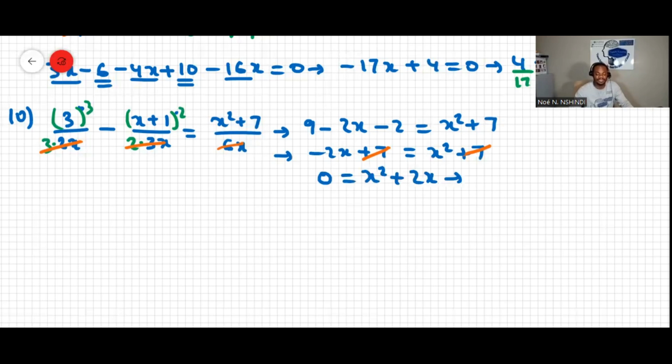There we can factorize. It's x times x plus 2 equals 0. This means that x equals 0 or x equals negative 2. Either x is 0 or x plus 2 equals 0, so x is equal to negative 2. That was question 10.